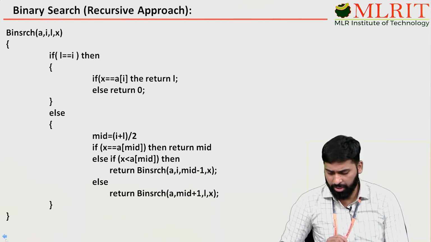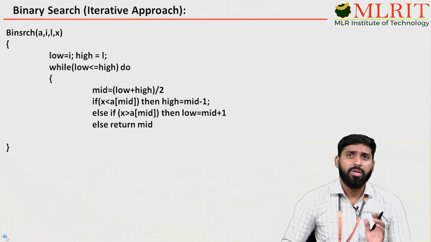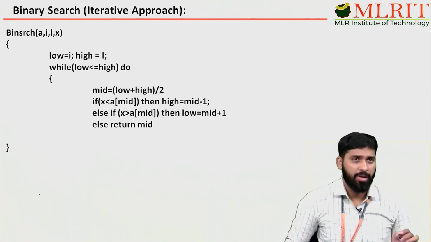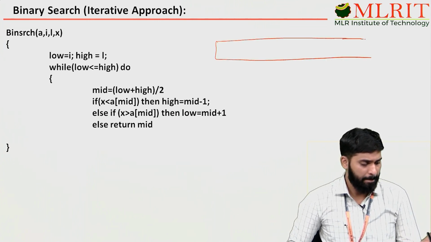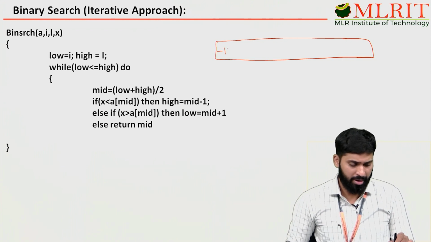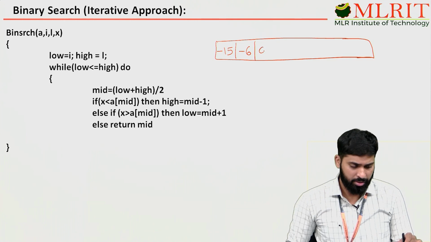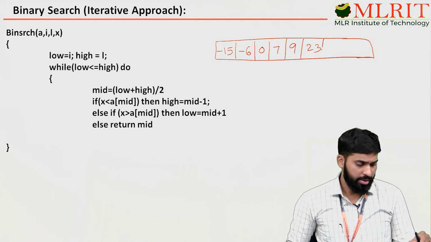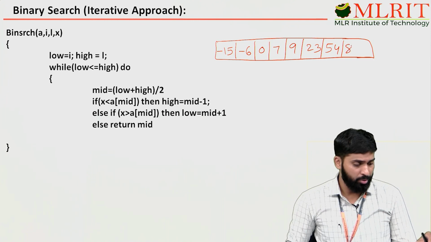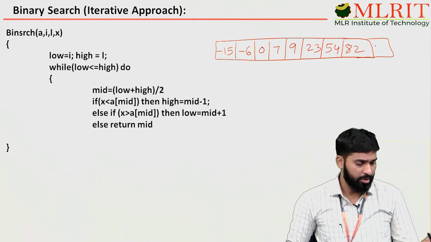Before that, first we discuss the iterative approach. So let us take this array. The numbers are minus 15, minus 6, 0, 7, 9, 23, 54, 82, 101.